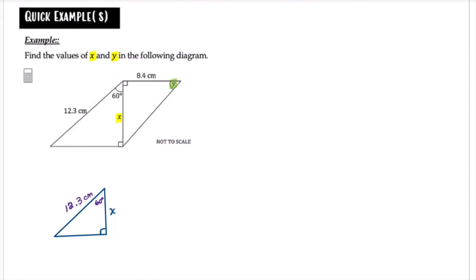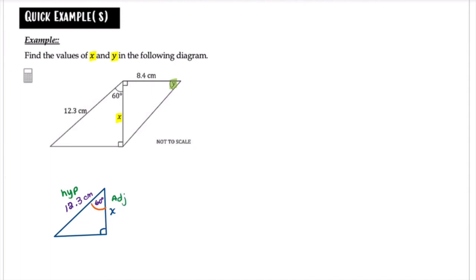In order for us to find that missing side, I'm going to look at my angle, 60. That's my focus angle. What have I been given to that angle? I have been given the hypotenuse, and I have to find the adjacent side.